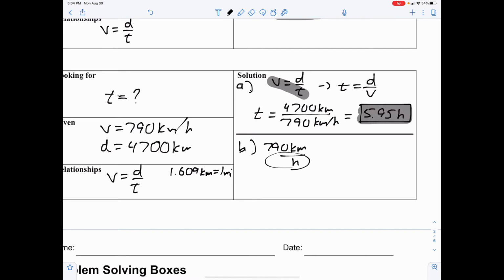Hour can stay as is because we want to turn this from kilometers per hour to miles per hour. We are going to multiply by a conversion factor of kilometers converting into miles. Now we're going to be in miles per hour. Notice kilometers cancels. And the conversion here is that 1 mile is 1.609 kilometers. So the math you're actually doing is 790 divided by 1.609.